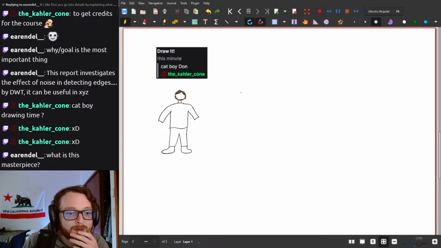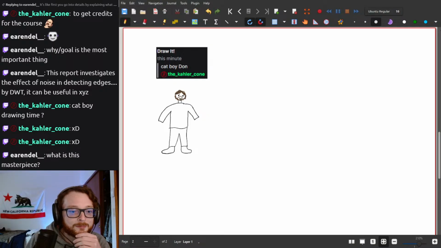I get the beard in there, the stash. Get some eyes. Maybe I just won't have a nose. I don't know where to put my nose, so I'm just not gonna have one.